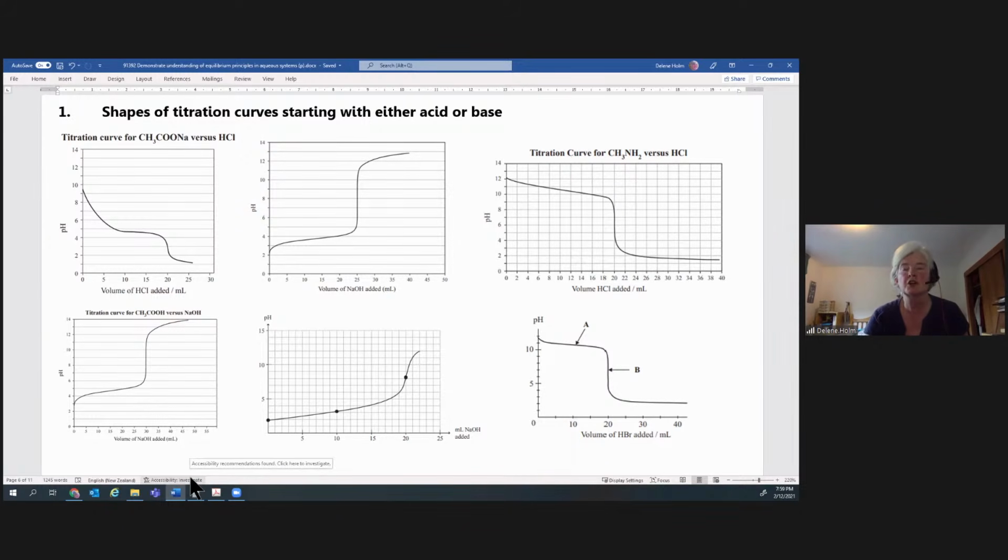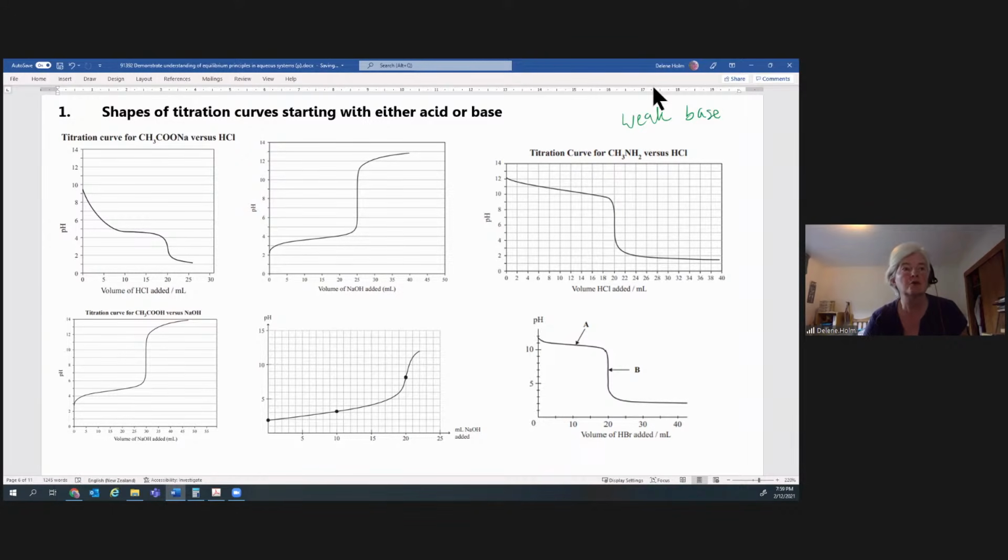So these were for the last 6 years, the sort of things that were given. Now, you can see whether it's a strong acid, strong base, or weak acid, strong base sort of thing, because of where it starts. If your pH starts below 12 or ends below 12, then you know you've got a weak base in there somewhere.